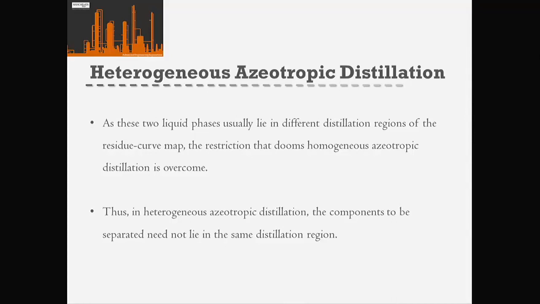So what we can do is separate components that don't lie in the same region. Even if we've got a system where we can see a distillation boundary and we have components that we want as pure components that lie on different regions, this is a technique that we can think about straight away.